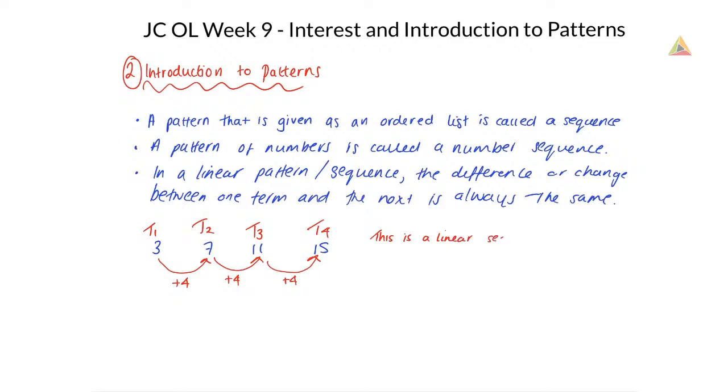So the difference between the terms is the same or constant. Okay, so we call that the first difference. There's 2 other types of sequences or patterns. So we have quadratic and we have exponential, and I'm going to explain what they are on the next slide.